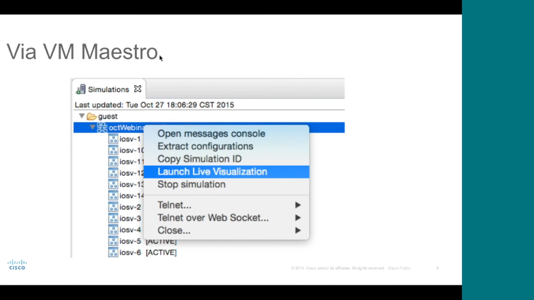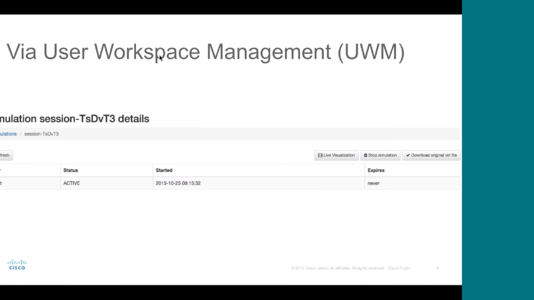So in terms of getting to the live visualization piece, there's 3 ways you can get to it. One is by the simulations panel in VM Maestro. If you right-click on one of your simulations, one of the options there will be to launch the live visualization. Another way is through the user workspace management, which is the bit that sits on the server at port 19400 usually. And then when you go into simulation session there will be a button for live visualization.